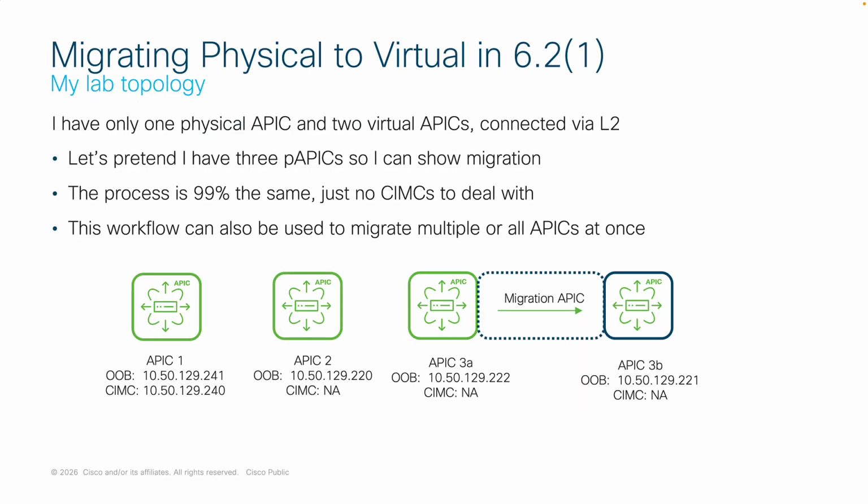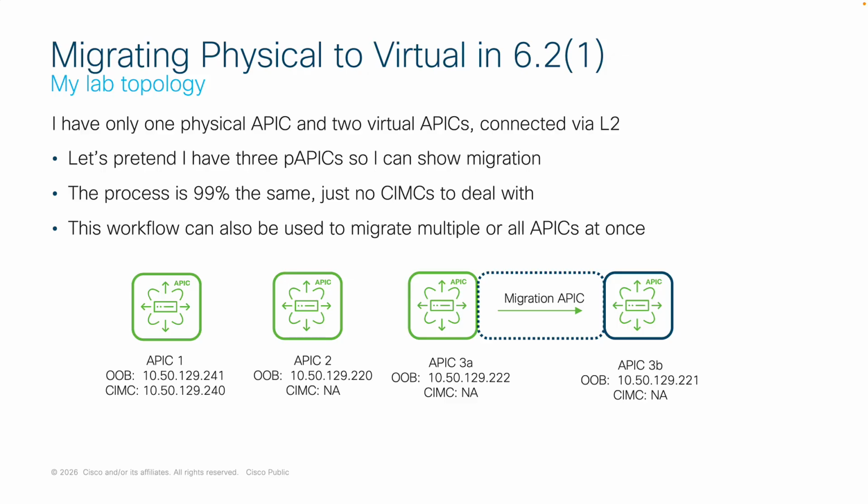Okay, let's quickly look at my lab topology. Now, when you see me go through this live, you're going to notice a couple things. I only have one physical APIC and two virtual APICs, but for the sake of this video, let's pretend that they're all three physical APICs because there's pretty much no difference, right?